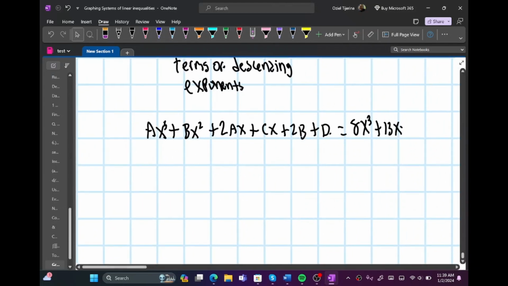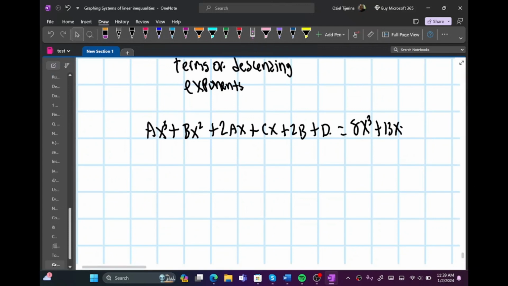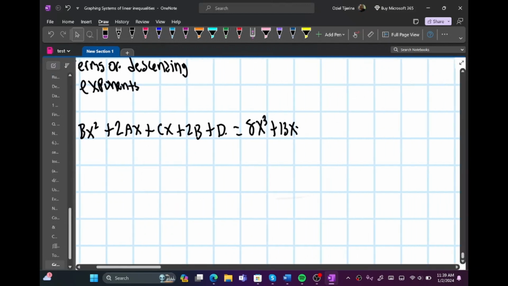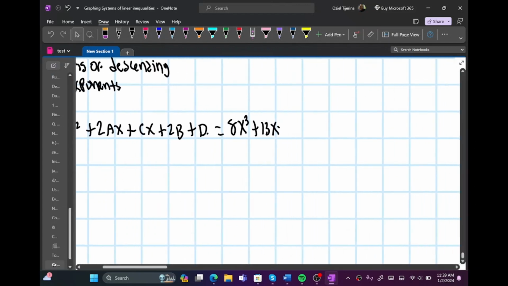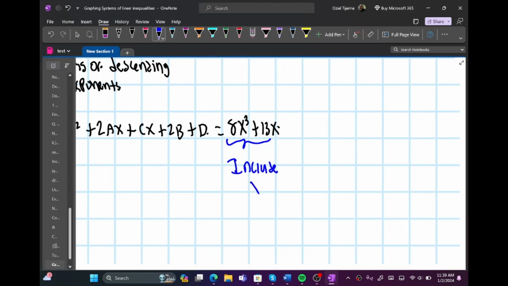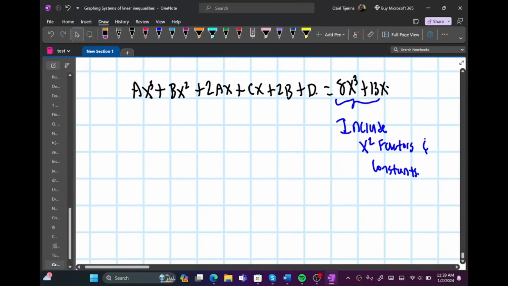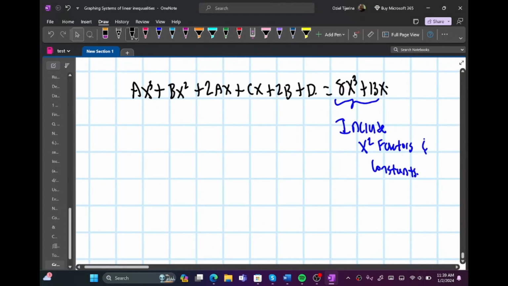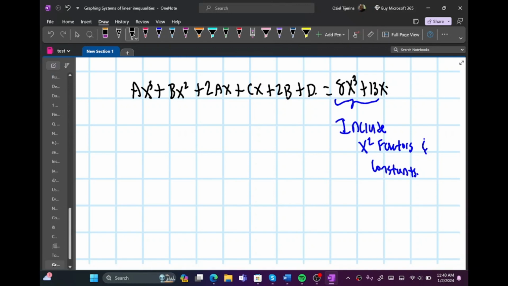Okay. So this is where it gets interesting, guys. You need to make sure you include, on the right side, x squared factors and constants. What I mean by this, guys, is you need to make sure that you write it in terms of descending exponents, even if the x squared would be 0x squared.